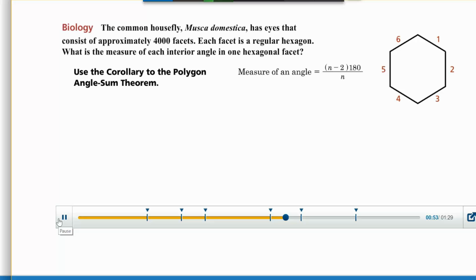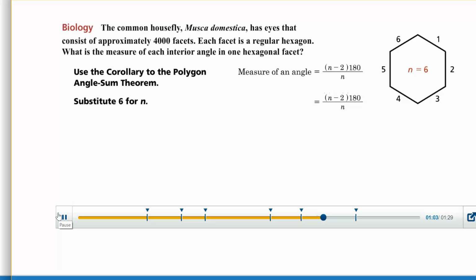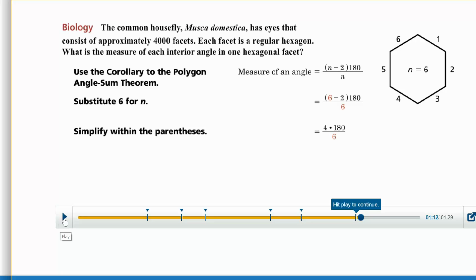A regular hexagon has 6 sides, so n equals 6. Substitute 6 for n. Simplify within the parentheses. Simplify. So 4 times 180 is 720.